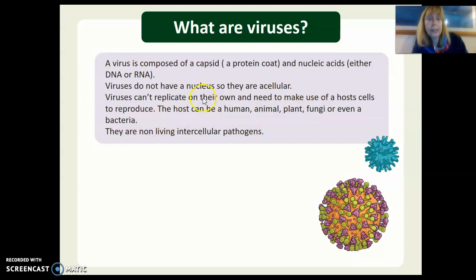So we know that COVID's been found in bats, it's been found in minks in Denmark recently, it's been found in humans. So viruses can move into any type of host. They're described as non-living, intercellular, which means they go between cells.